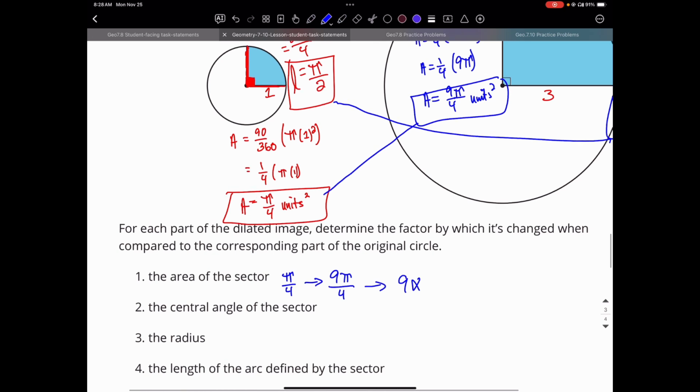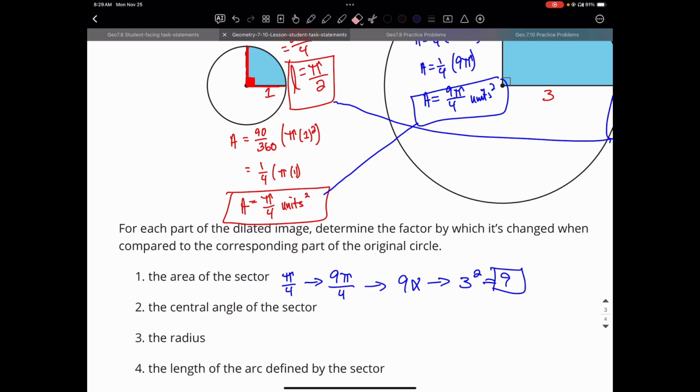So the area of that sector is 9 times the area of the first, which makes sense because it's got a radius of 3 instead of 1, and then 3 squared is 9. So the area increases by ninefold, right? By a scale factor of 9.